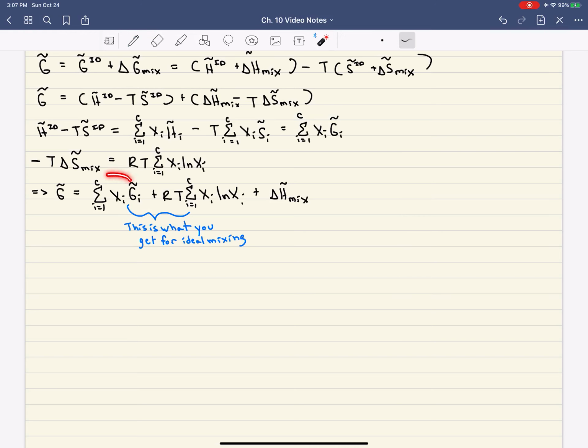And so you have the weighted average term plus the entropy that you get just from rearranging the molecules in your mixture. Okay. Now this delta H mix term would account for what we call non-idealities in your mixture. So differences in molecular interactions or differences in molecular sizes. Okay? All right, and so these terms fall into different groups.